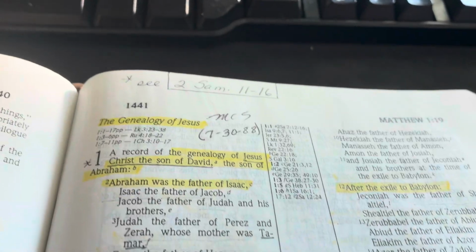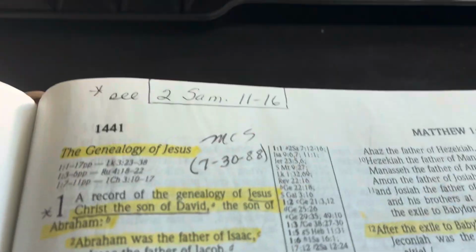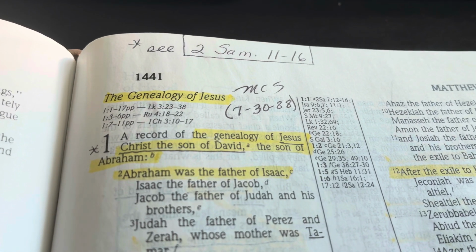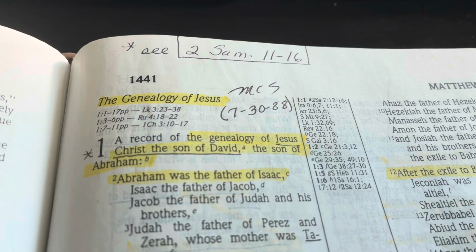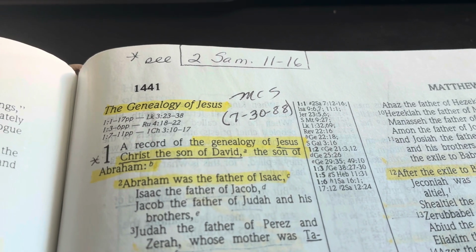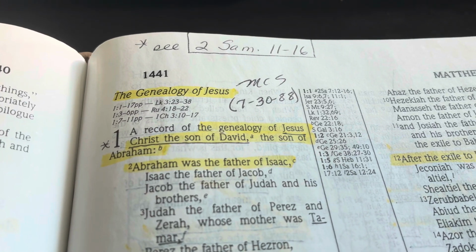And we see up here, he made another note towards the beginning of the book of Matthew. Let's see here. I'm guessing he made a reference to 2 Samuel chapter 11 through 16 with Matthew 1:1.